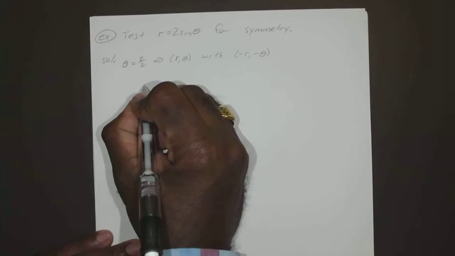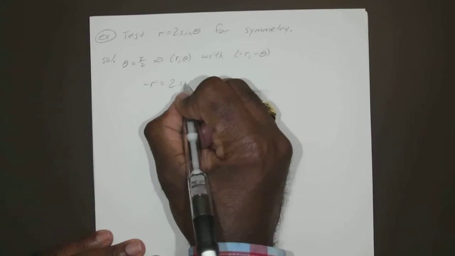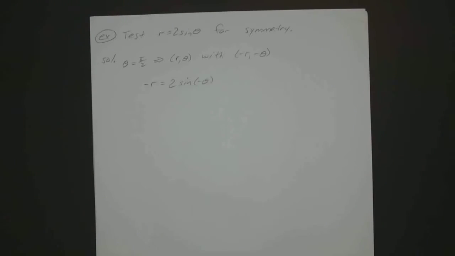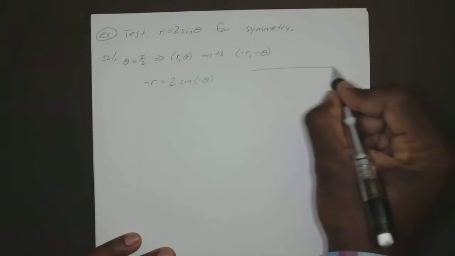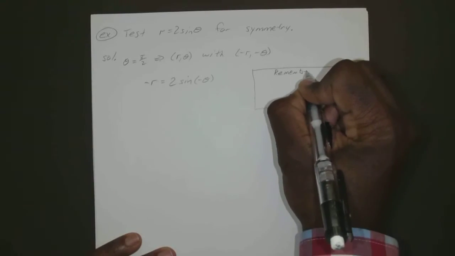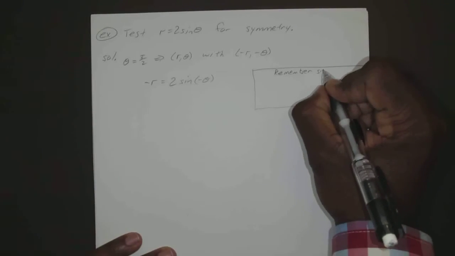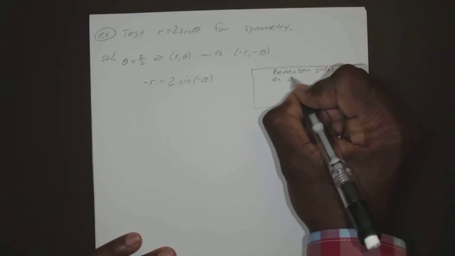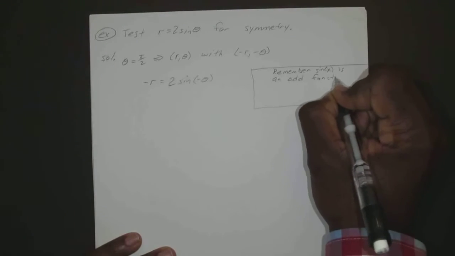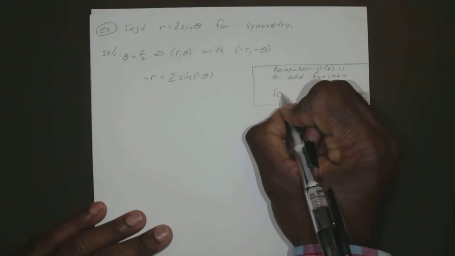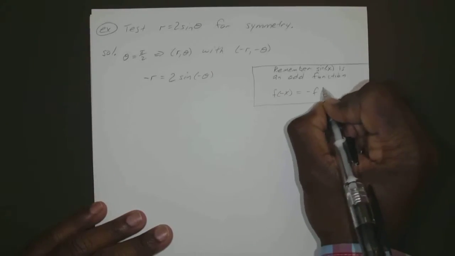Okay, so that means you have negative r equals 2 sine of negative theta. Now in this one, remember, sine of x, just to avoid confusion, is an odd function. So remember, when you have an odd function, f of negative x is equal to negative f of x.